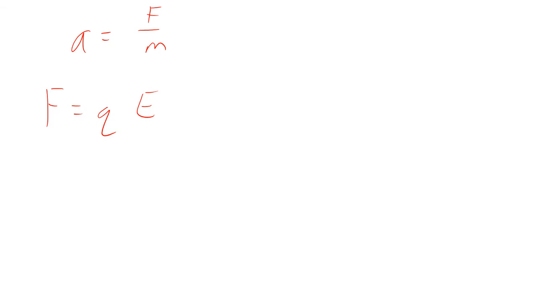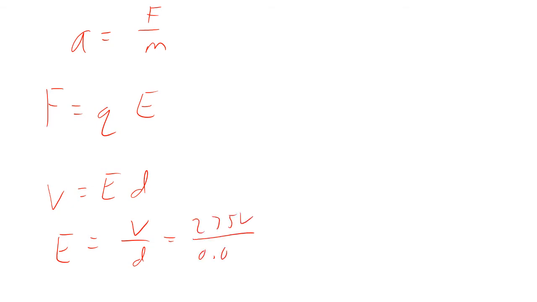Well, I know that V is going to be E times d. Well, I'm actually going the opposite direction. I'm going to take absolute magnitude here. And so that means that E is going to be V over d. So that's going to be equal to 275 volts divided by 0.0125 meters. So the electric field is 2200 volts per meter.